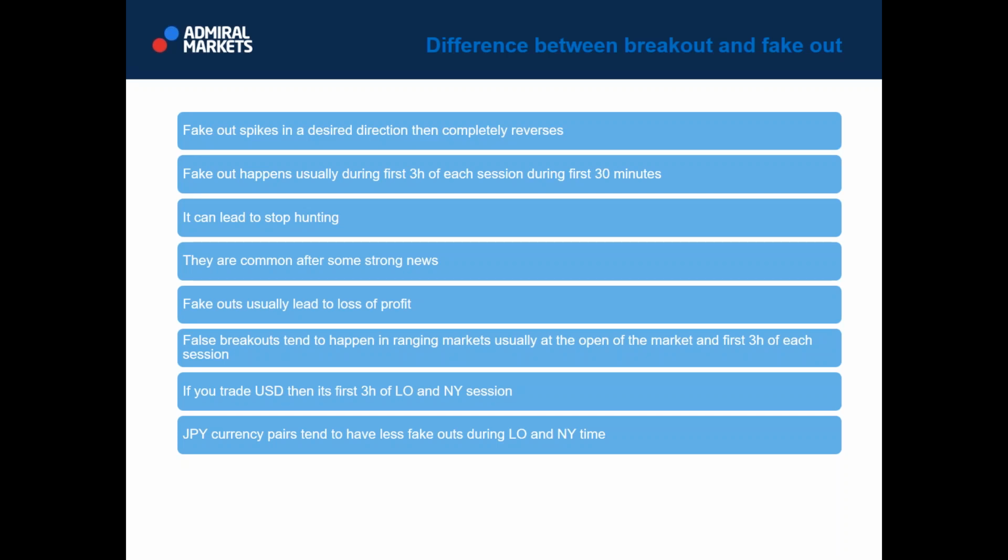If you trade the dollar, then it's the first 3 hours of the London and New York sessions, of course: euro dollar, pound dollar, dollar crosses. Japanese currency pairs tend to have fewer fake outs during London and New York time, but conversely, during the Asia session, Japanese currency pairs are susceptible to false breakouts. So you should definitely pay attention to it.